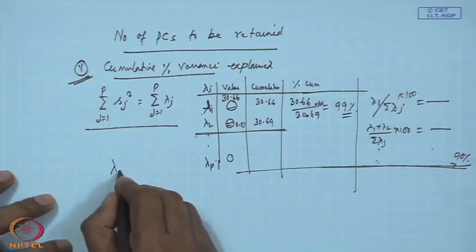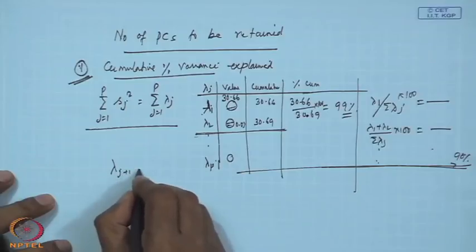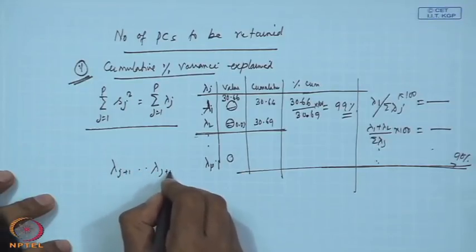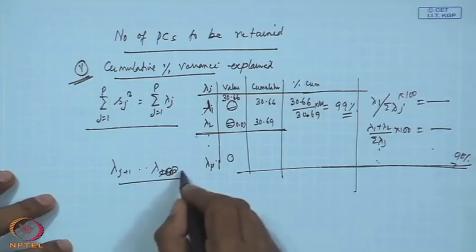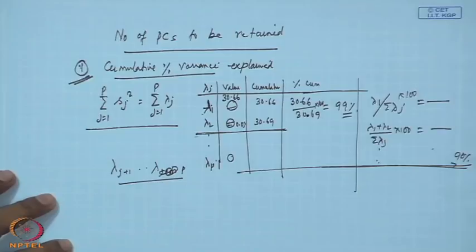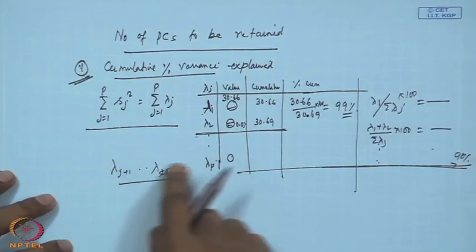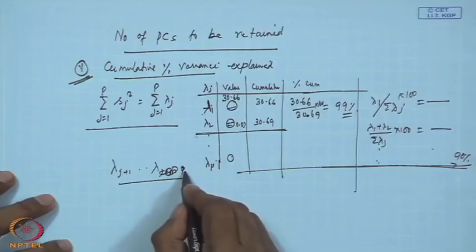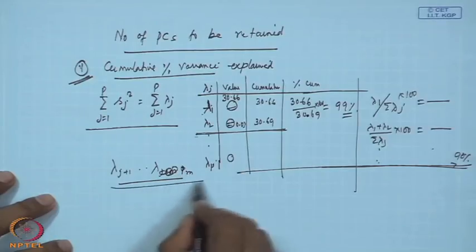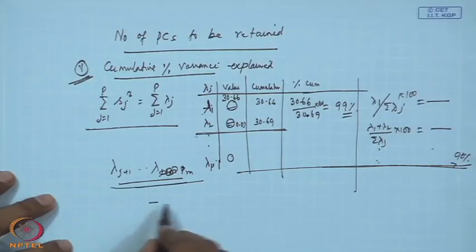The components you leave out, j plus 1 to p, are those whose values are almost equal to zero, very negligible.